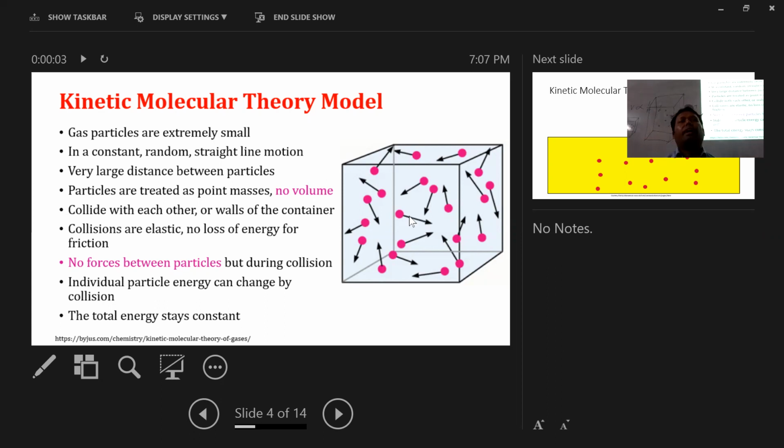But as the molecules have a certain volume, you cannot keep a large amount of gas in a small volume.